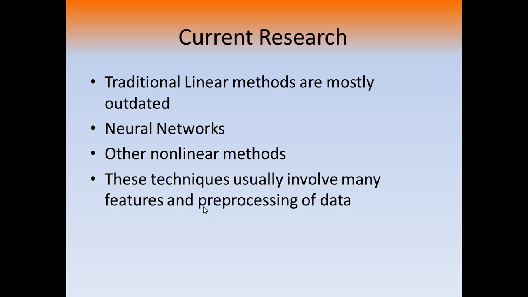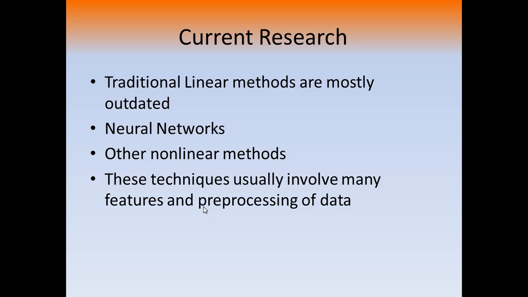Now, current research into handwriting recognition, a lot of it isn't being done using traditional linear methods anymore, even though they're easy to understand and implement and they're quick. Most of the research today is in nonlinear methods, such as neural networks.